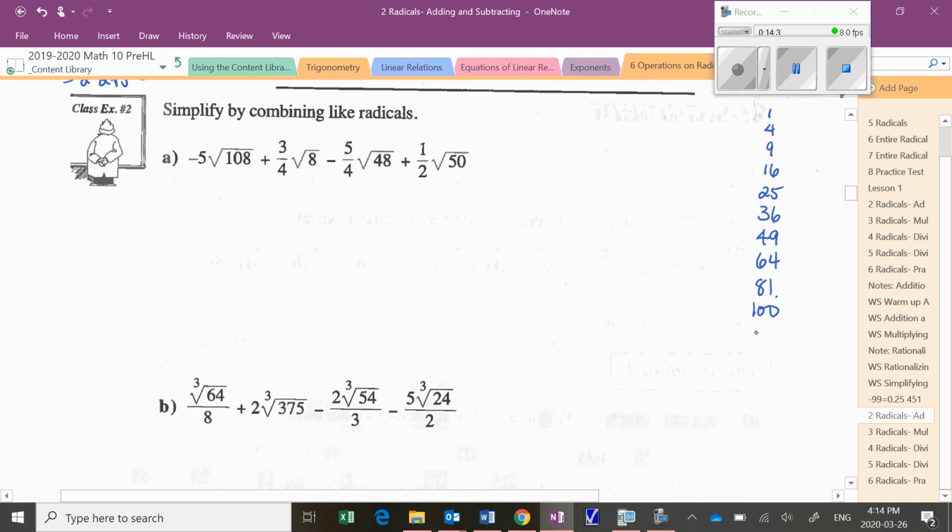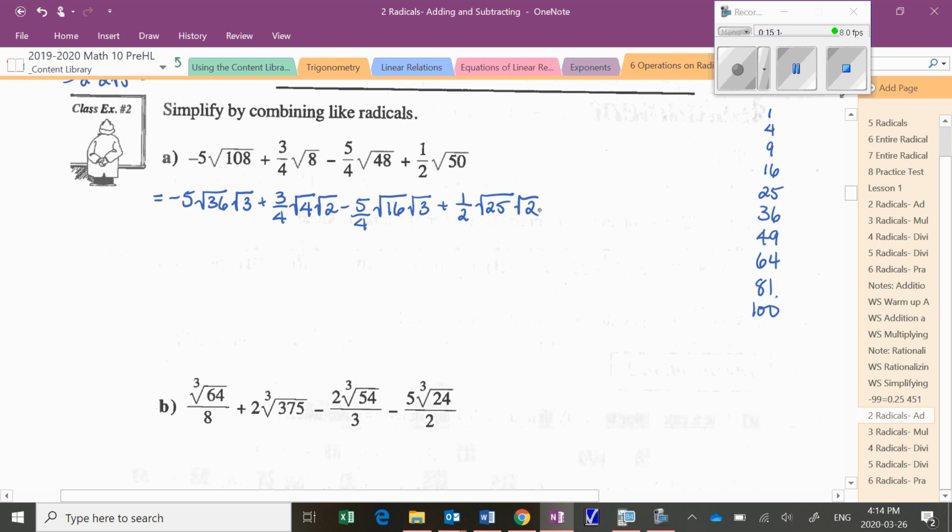So looking through those, for 108 the largest perfect square factor is going to be 36. So then I've got negative 5, and that is root 36 times root 3, plus 3/4, and that's going to be root 4 times root 2, minus 5/4, and root 48, remember 16 goes into 48, so root 16 times root 3, plus 1/2 root 25 times root 2.